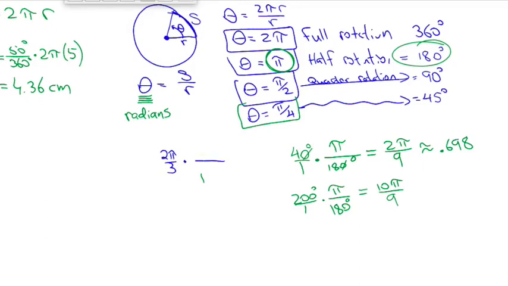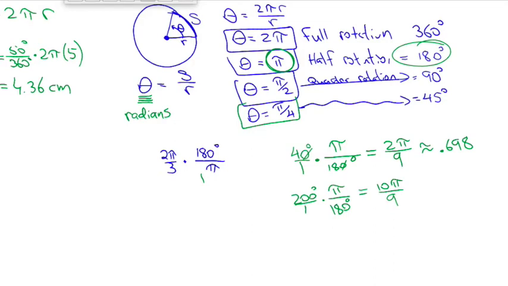What would go in the bottom of our unit fraction, that 180 or pi? What do you think would go in the bottom? Over here I chose 180 at the bottom because I wanted to get rid of degrees. Pi is going to go in the bottom. Now it doesn't get rid of any radians, but I definitely need the degrees to end up in the top so it sticks around in my answer.